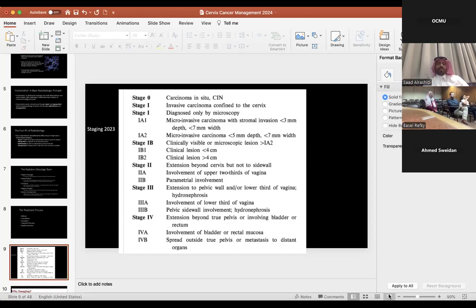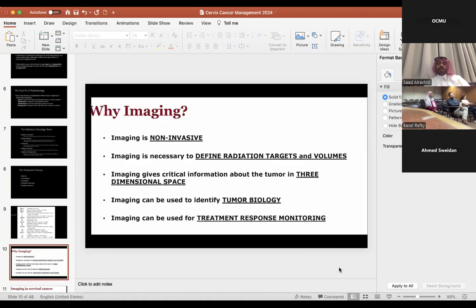Of course, if it's extending beyond the cervix, it's stage 2, and if it's extending to the pelvic side wall, stage 3, and on. You can choose whatever you want to do, but make sure you are translating to what really ran in the actual trials, especially what is changing the practice nowadays: the immune therapy trial, as well as the INTERLACE trial that we will be going through.